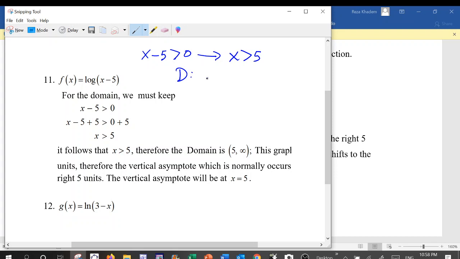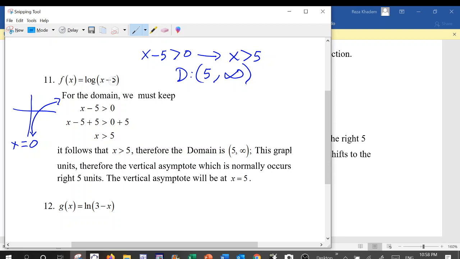So the domain of this thing would be from 5 to infinity. Now, where does the vertical asymptote go? Again, this is log base 10. So it's looking like this. And the vertical asymptote is x equals 0. So this transformation is what?